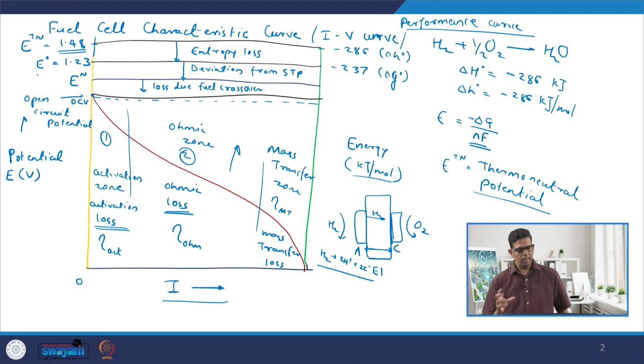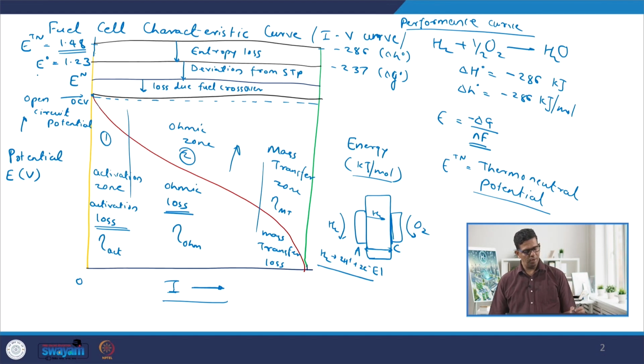Since these operating conditions are far different from the standard temperature and pressure conditions, there is a deviation that we observe in the potential when there is no current flowing. That potential is called the Nernst potential. We have already seen how the Nernst potential varies depending upon the temperature as well as pressure.